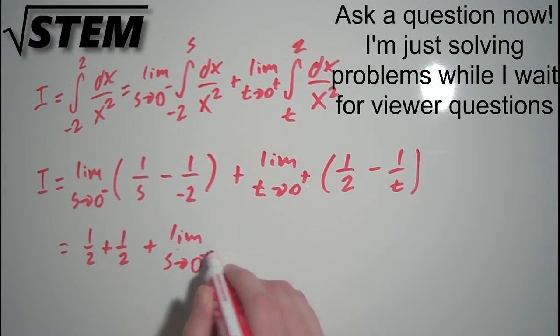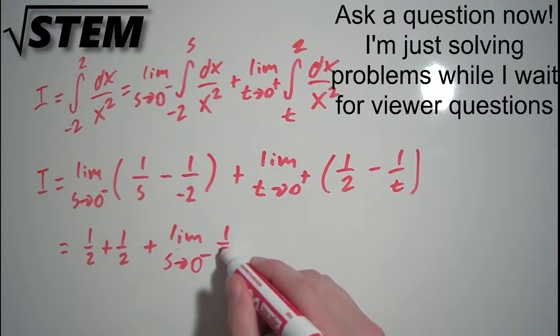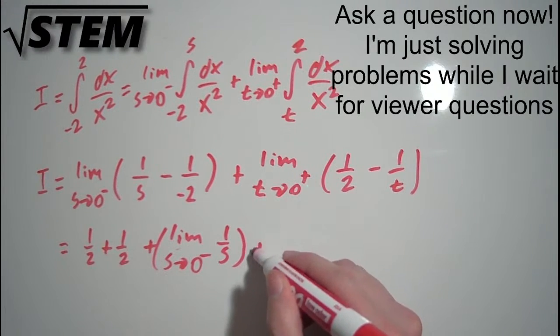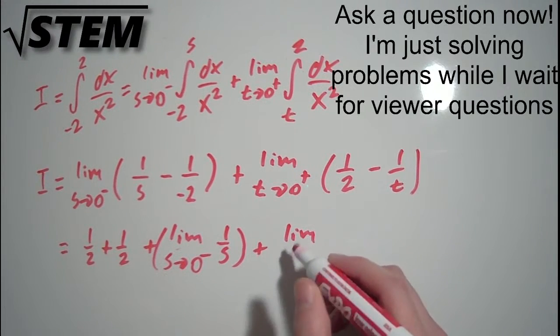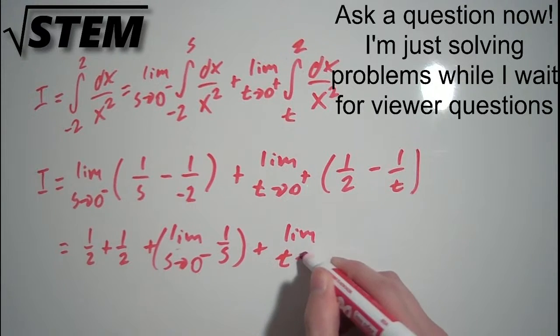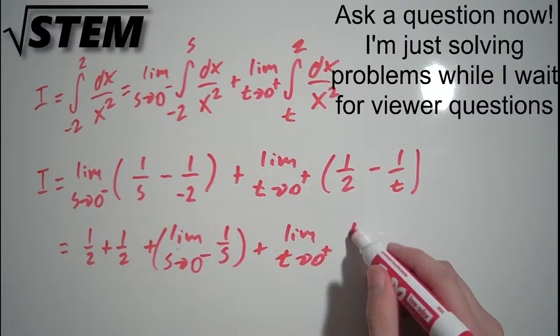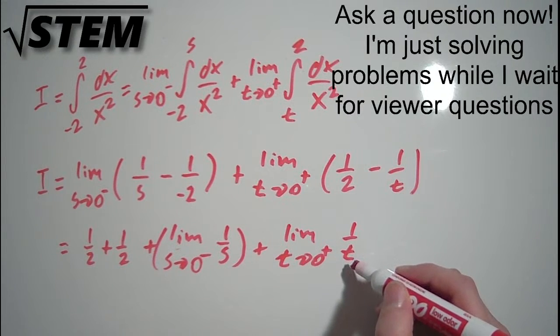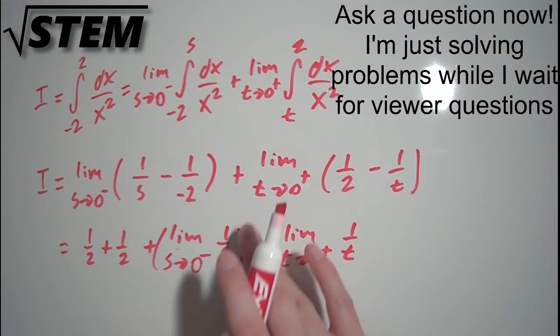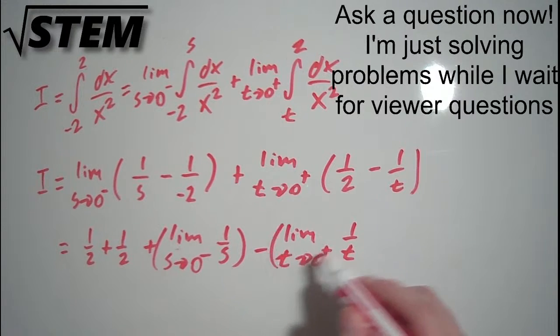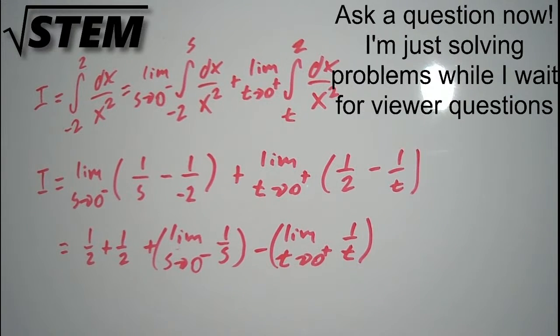As s goes to 0 from the negative of 1 over s, and the limit as t goes to 0 from the positive of 1 over t. Actually, that's negative. But both of these are going to end up diverging.